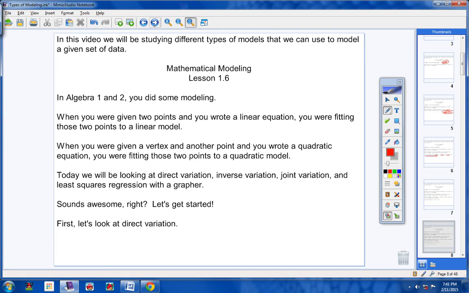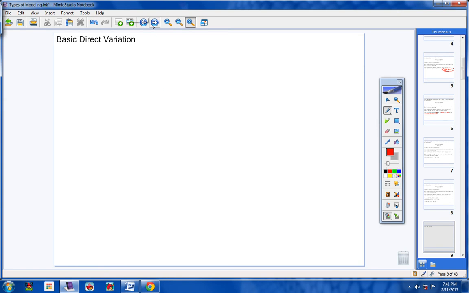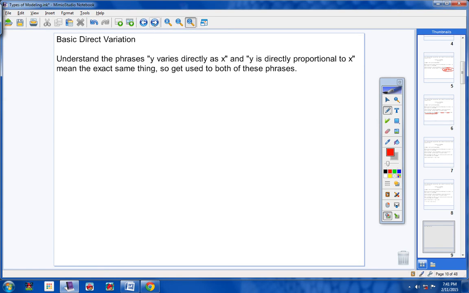Direct variation. Now, basic direct variation. Understand the phrases "y varies directly as x" and "y is directly proportional to x" mean the same thing. These two phrases mean the same thing, so get used to both of these phrases when it comes to your basic direct variation.